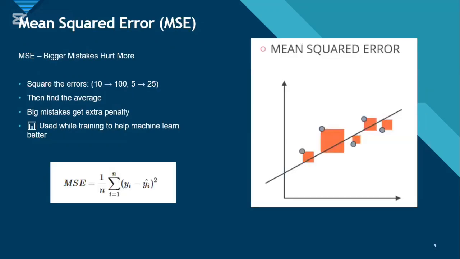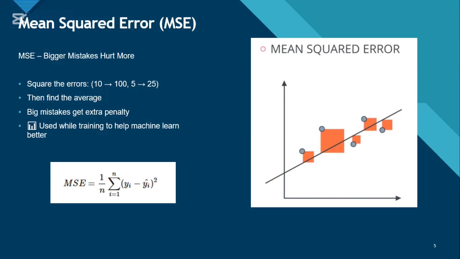The second method is mean squared error. Please note, all mistakes or errors are not equal. A smaller mistake can be ignored, but a bigger mistake can make a big difference in the performance of a model. The bigger the mistake, the more it hurts. By squaring the errors, we make sure that big mistakes get an extra penalty, or are identified more.